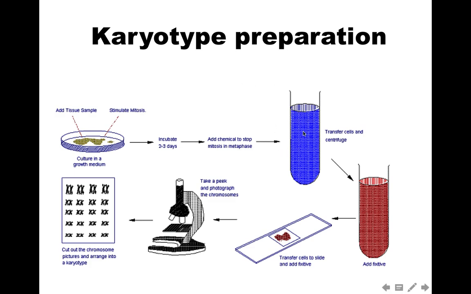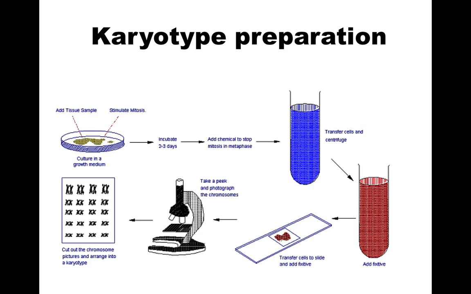Then the cells are collected and the culture medium is removed, and the cell pellet which remains at the bottom after centrifugation, after spinning very quickly, will then be resuspended in hypotonic solution to allow the cells to swell up. Ballooning of the cell will happen, and the cell membrane will rupture, and so the chromosomes of the cell can spread out, as we will see in the following slide.